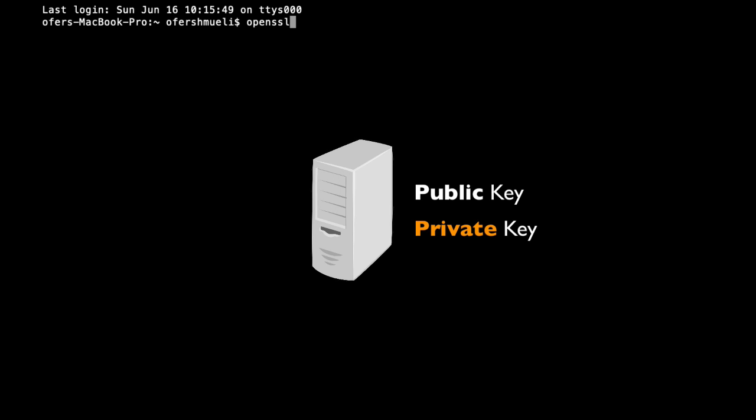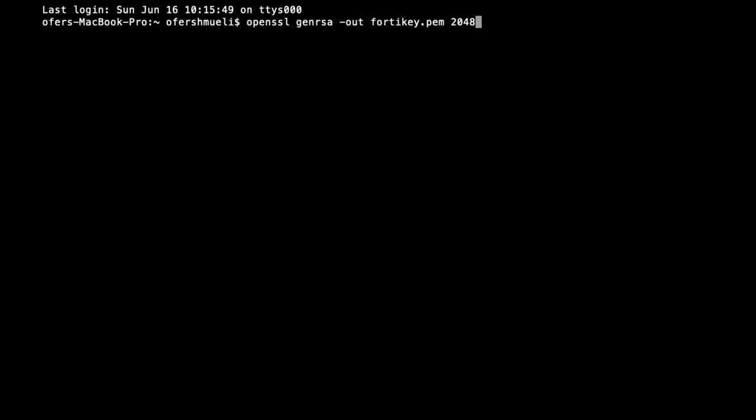Now we'll use OpenSSL genrsa, and let's name our key pair. Let's name it fortigate, and let's contain it in a PEM format, which is a container that will include both keys. And let's decide that the size of the keys will be 2048 bit.